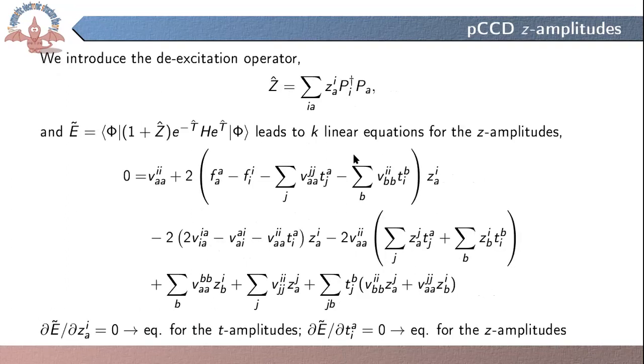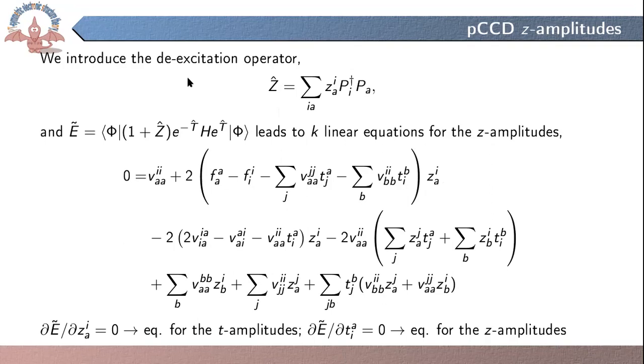And now if you want to minimize the energy with respect to some parameters, doing orbital optimization, for instance, then we have to build it as an expectation value. So I have to introduce the de-excitation operator, which de-excites from one orbital to another.